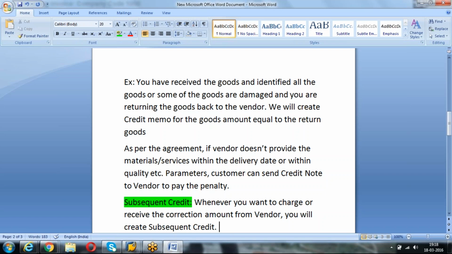You can negotiate with the vendor that as per our agreement and as per the guidelines and specifications you have mentioned, the battery should work for 20 days, although I run it continuously 24/7. But around 15 batteries I removed and replaced with new batteries within a week. This is not at all acceptable. I won't continue the contract again if you do such things. Then in those circumstances, the vendor can ask you to please send a subsequent credit to me. I will pay that amount and I will ensure these things won't happen in the future.